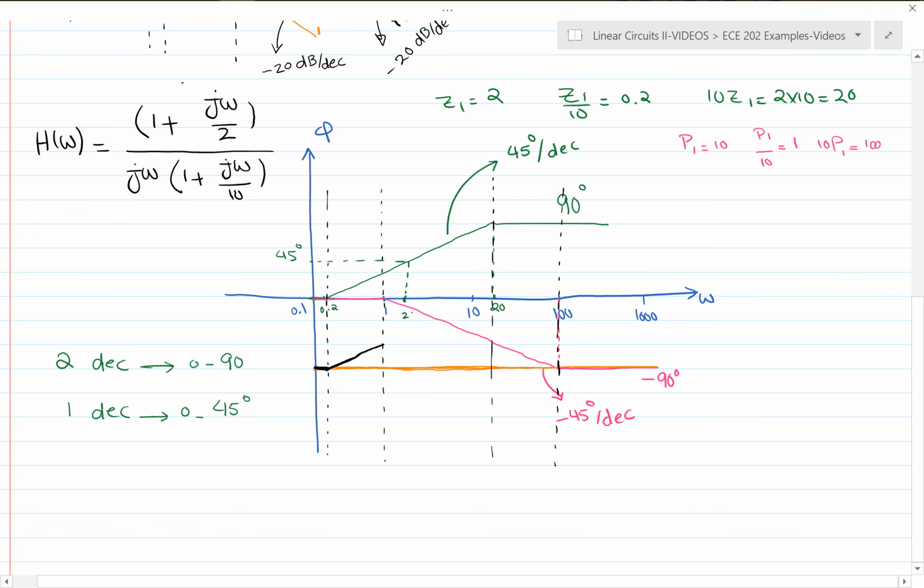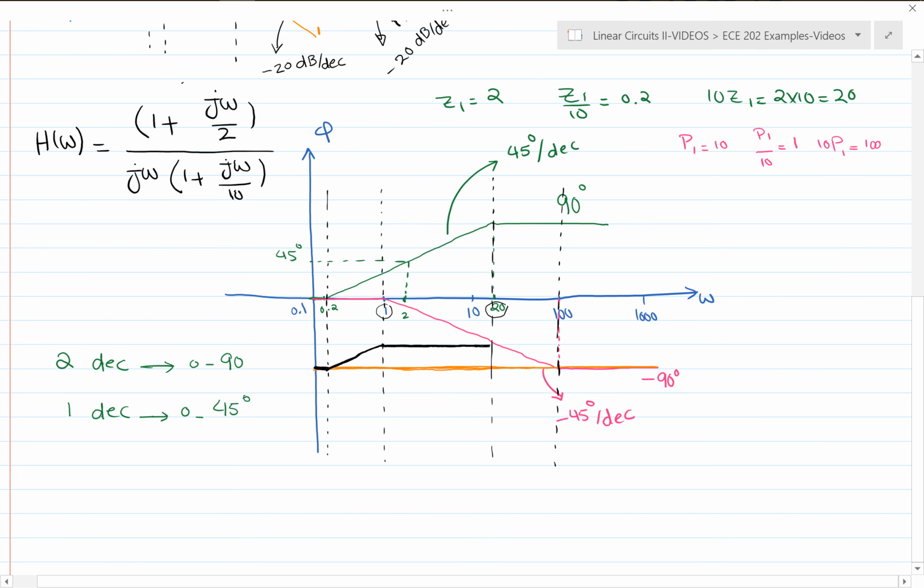From 1 to 20, we have the same 3 plots. So the green plot, the pink plot, and the orange plot are not changing in the interval of 1 until 20. Correct? So we have the green one with 45 degrees per decade, the pink one with negative 45 degrees per decade, and then the orange plot, which is at negative 90. So those two will cancel each other, and we're going to have the same slope as we have for the orange plot.